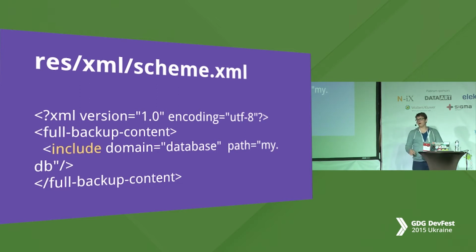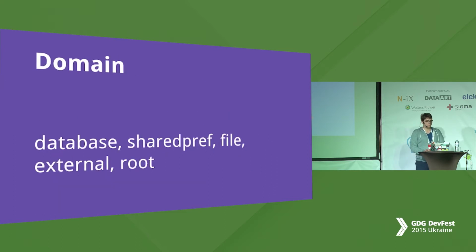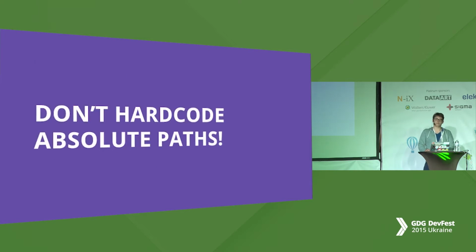And there is no way to combine the include and exclude tags inside of your backup scheme. The domain can accept a variety of types. So apart from database, we got also the shared preferences. We got the files, external, and root, which you can use instead of hard coding the file URIs inside of your configuration. Don't hard code absolute paths.